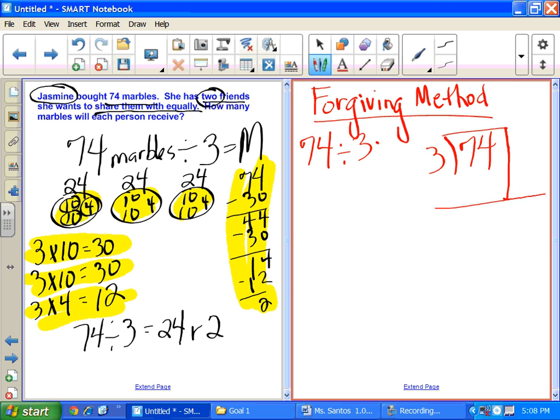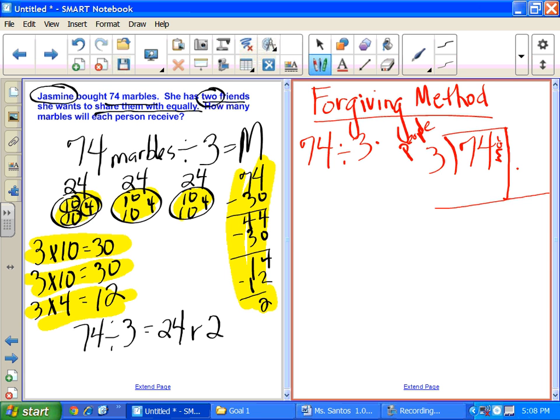The reason we do this line to the side is that over here is where we're going to record the number of marbles that we're passing out. So remember, the 3 stands for the people. The 74 stands for the, we'll put MAR, for the marbles.